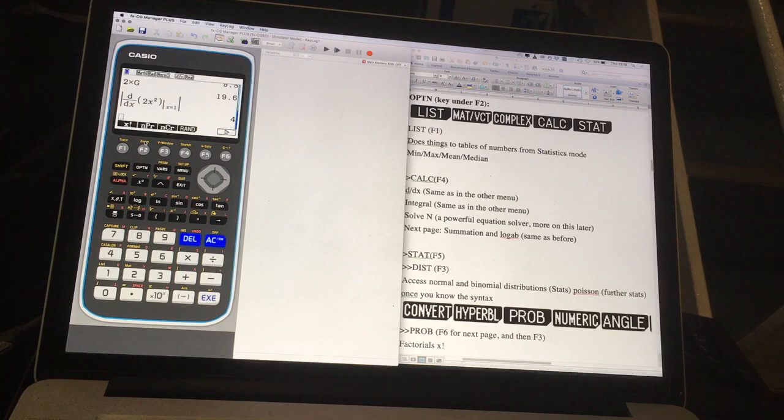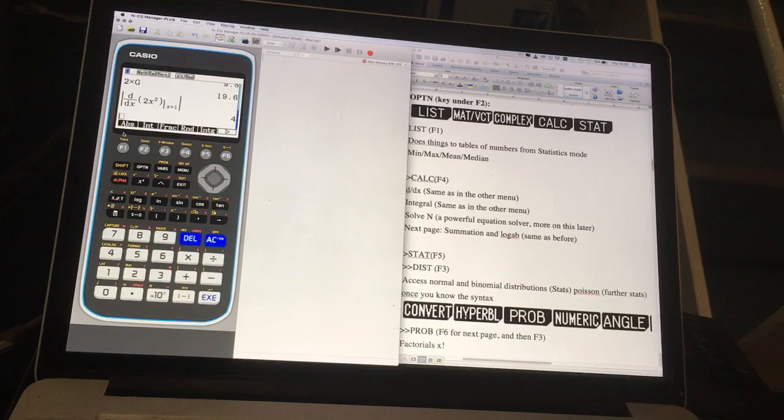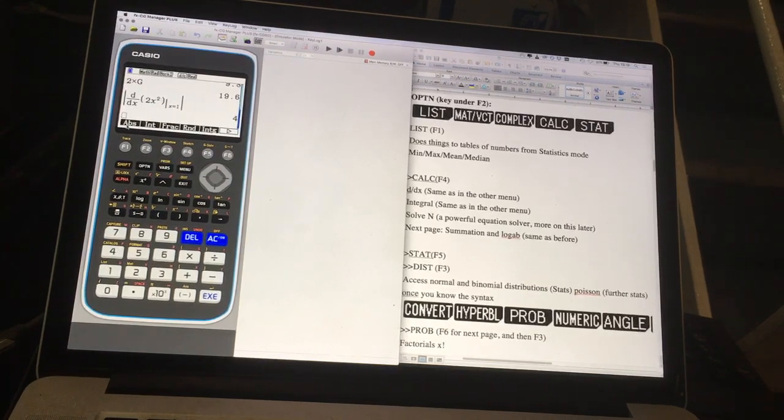So if you want NCR, it's within the stat menu from the option menu. So option, stat, there's your NCR stuff. Probability, sorry. We've also got numerical, which is, again, you can find modulus in there as well, although it's already in a different menu. I don't think we'll be using just the rest of this. Yeah, that's pretty much all of it for those 2.